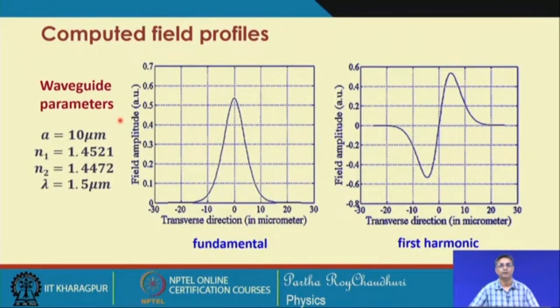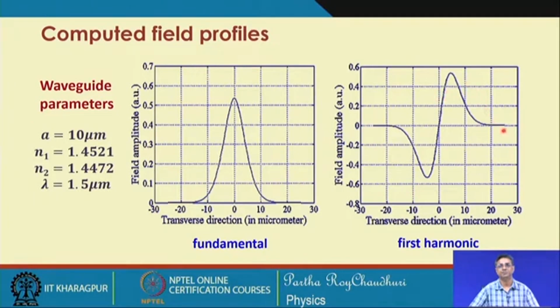For the waveguide with linear profile, if you use these parameters, we will get a plot of the modal field, the fundamental modal field, which will be like this. This is a computer generated plot for these waveguide parameters. This is for the first harmonic, the first order mode.